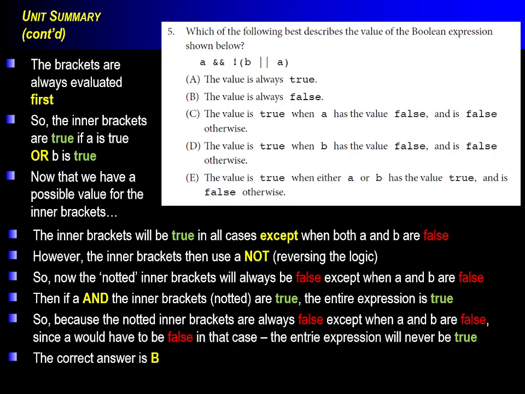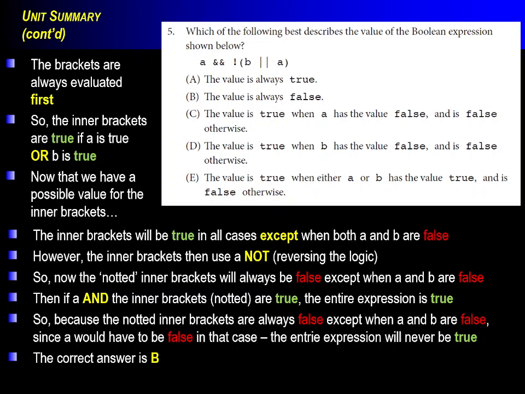If A is true or B is true, it's true. The inner brackets will be true except when they're both false. So if A and B are both false, it'll be false. However, we're also reversing that logic with not. We're notting that value, so it will always be false except when A and B are both false. Then it will be true.